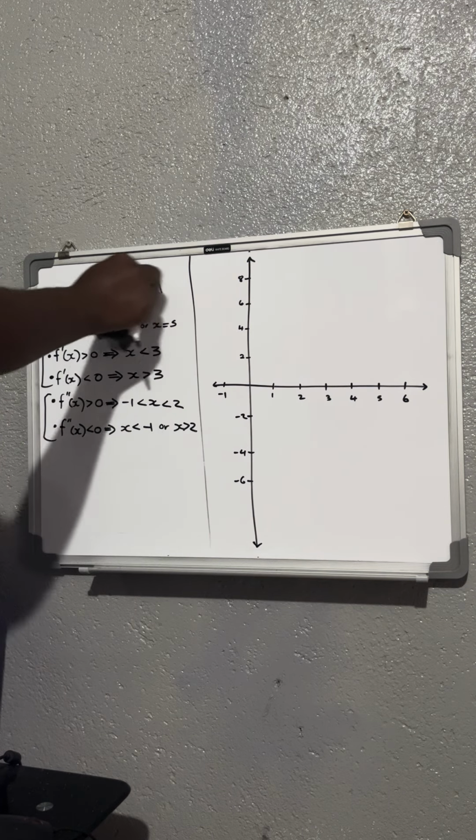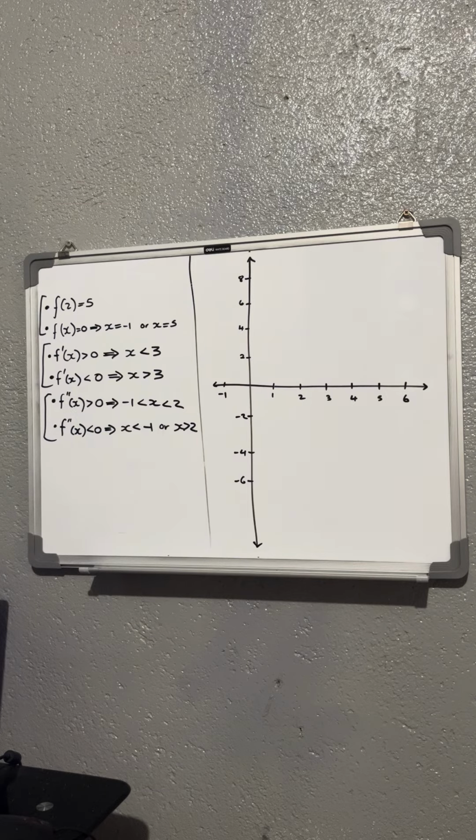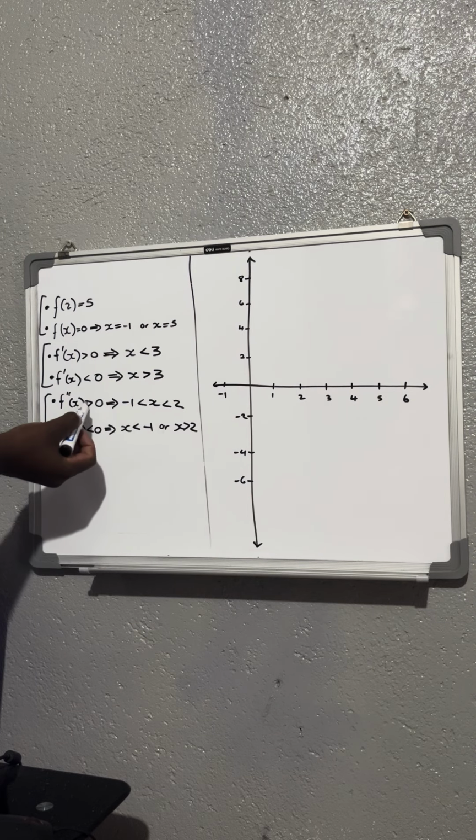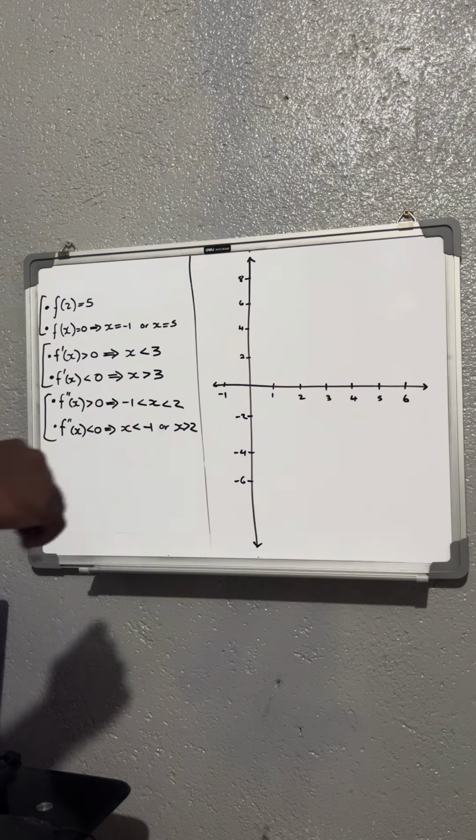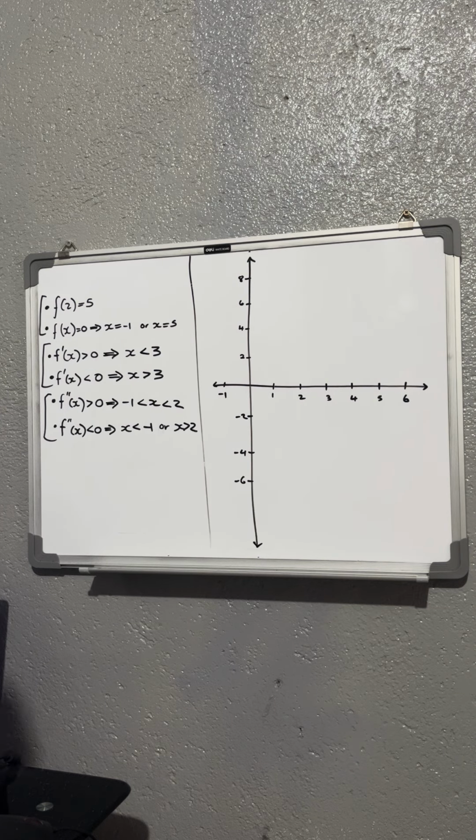These are controlled by the signs that you see. If it's greater than, it's going to be concave up. If it's less than, it's going to be concave down. So we start by analyzing that.